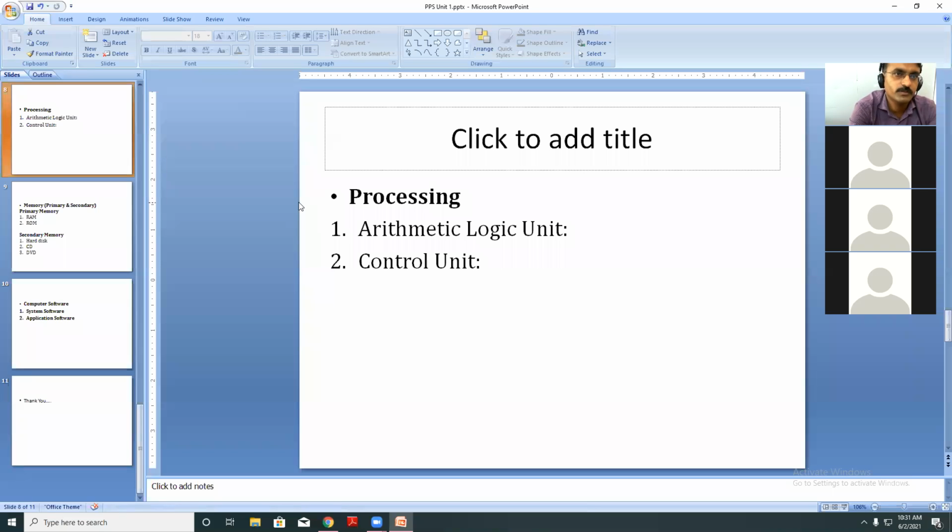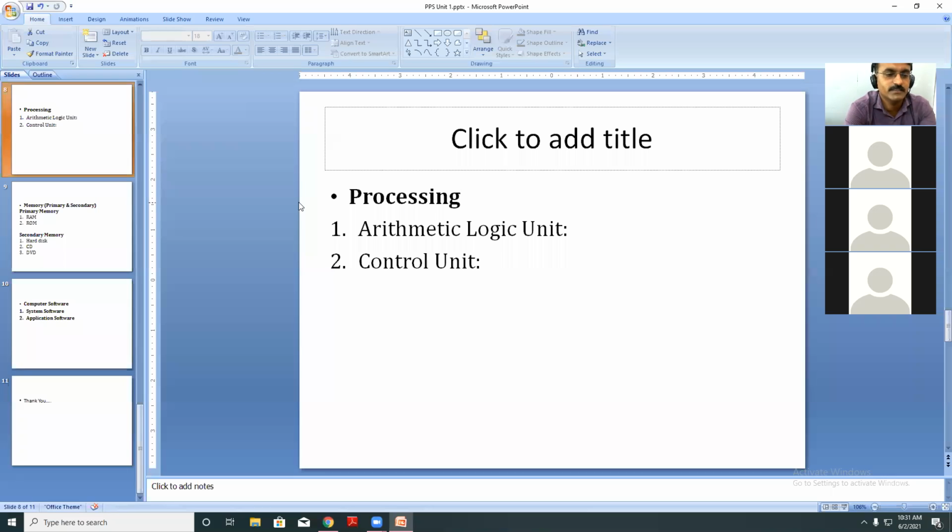Also, it will go for logical operations. Logical in the sense that there are certain conditions, and if one condition is true, then go for the next condition as well. Or, either or, if one failed, whether the other is correct or wrong.